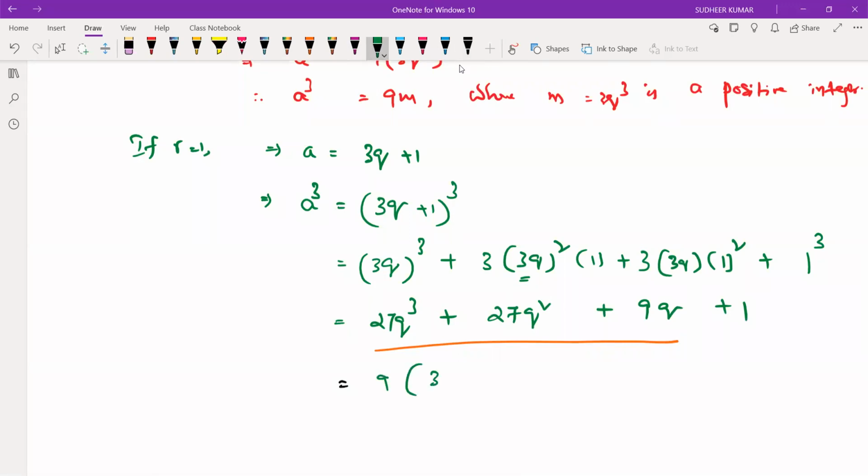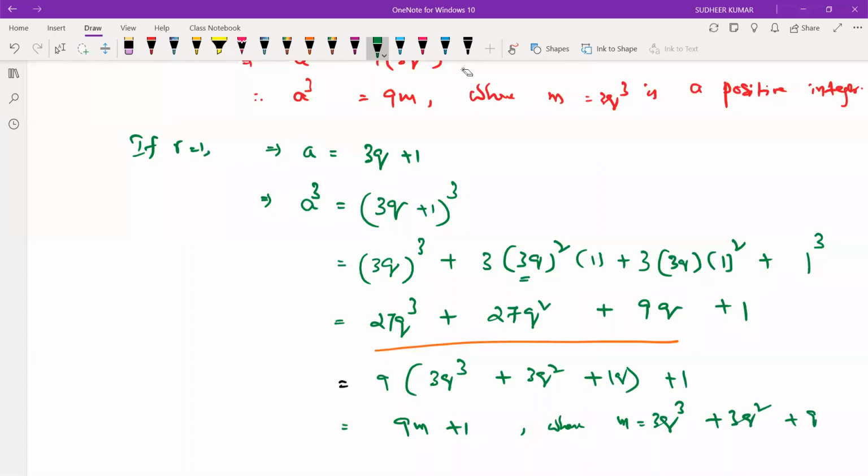If you take 9 common, this is 3q cube plus 3q square plus q, plus 1. So this is 9m plus 1, where m equals 3q cube plus 3q square plus q, a positive integer.